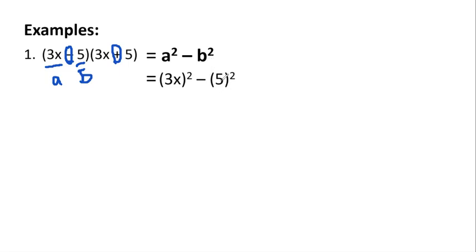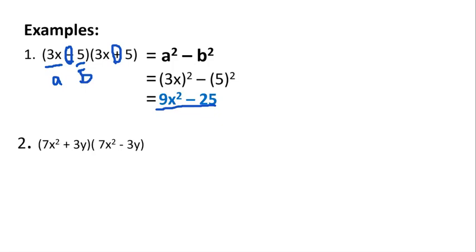Therefore, magiging 5 squared. And getting the square of these terms here, magiging 3x times 3x, we have 9x squared. And 5 times 5, naging 25. Then copy the minus sign. The final answer is this one, 9x squared minus 25.